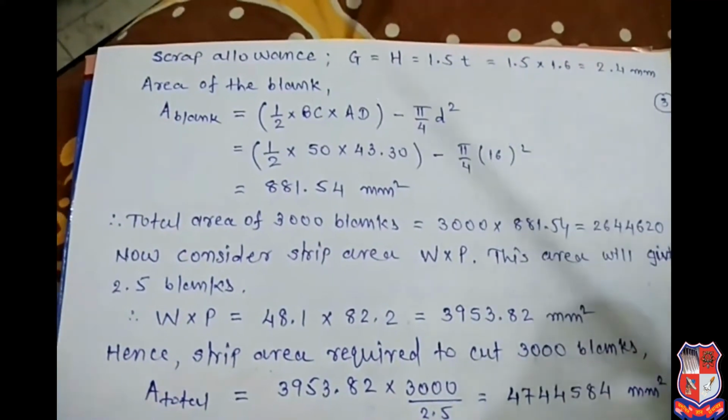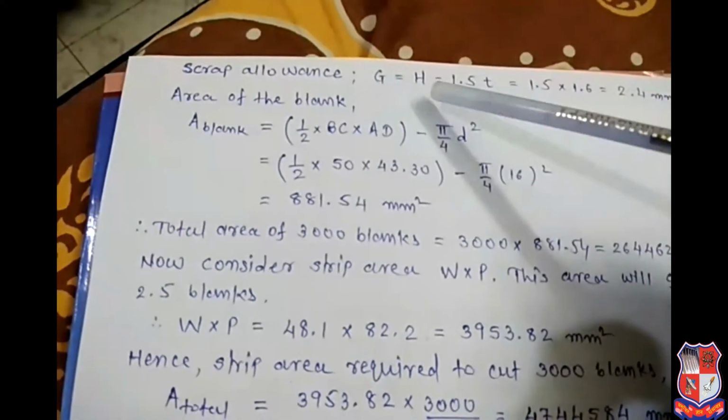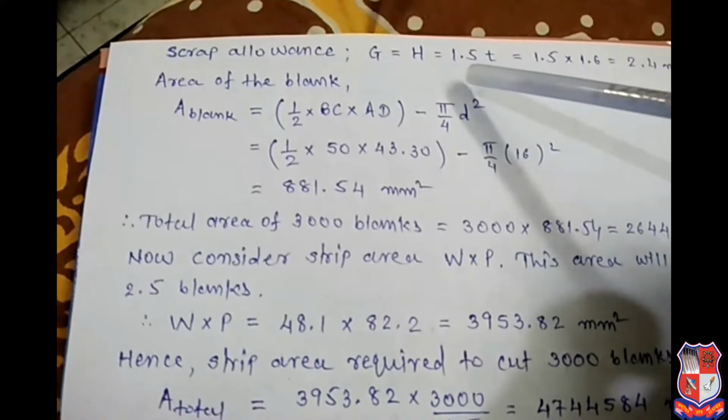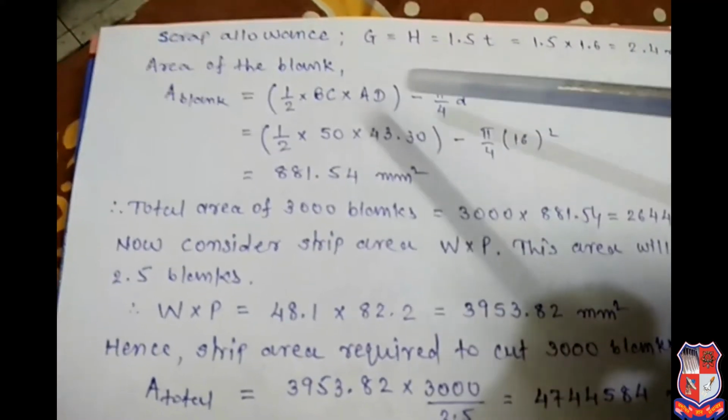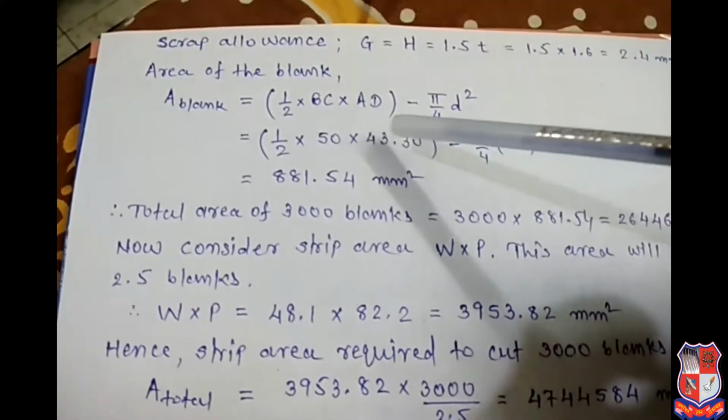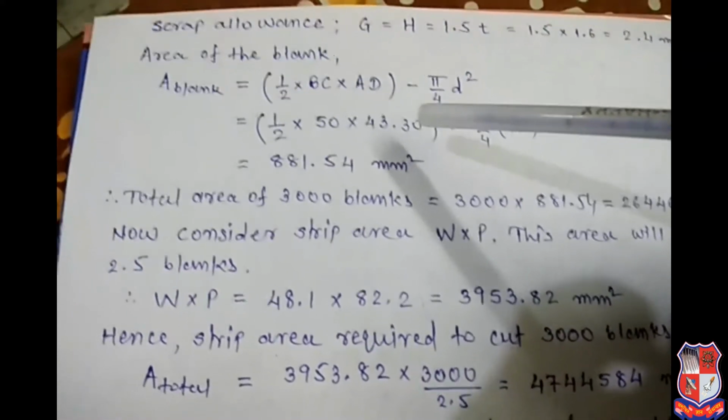So let us see. Our scrap allowance G is equal to H is equal to 1.5. It is 2.4. Now first of all you have to find out the area of the blank. It is the triangle and central hole is given.